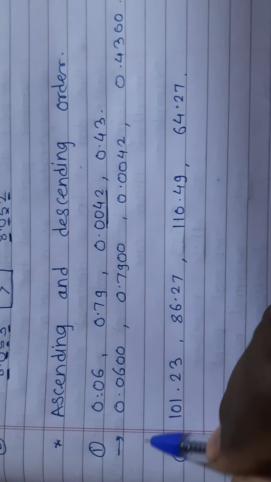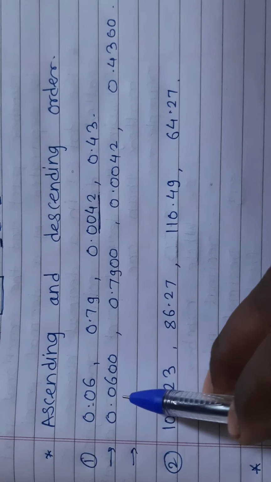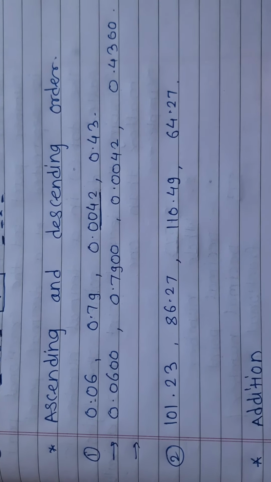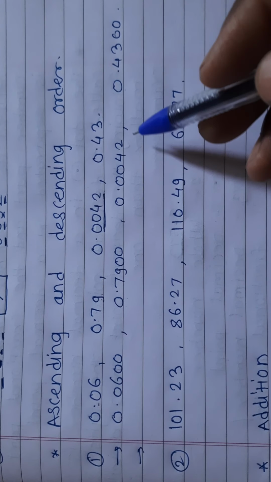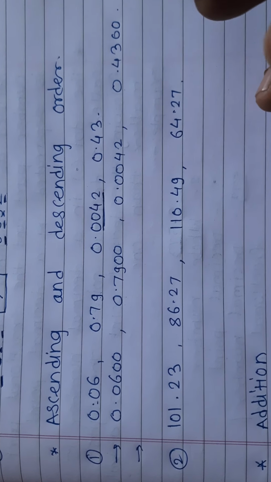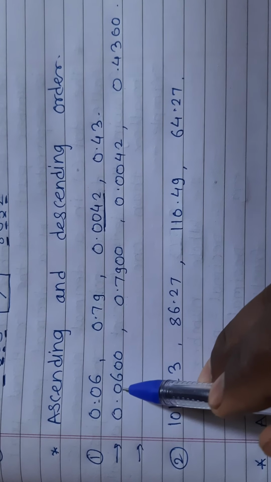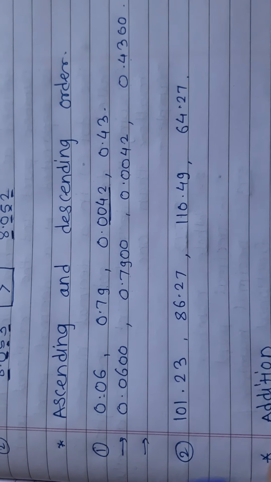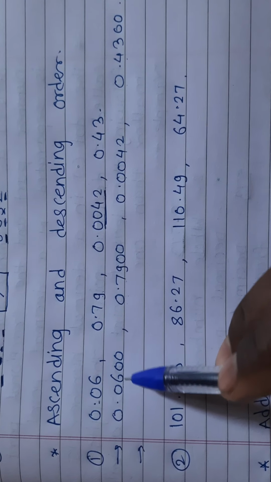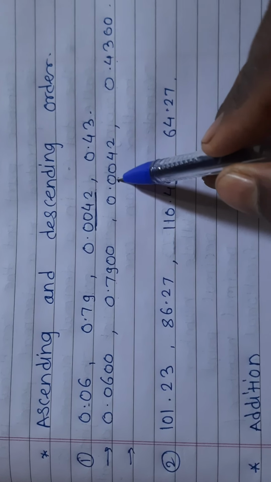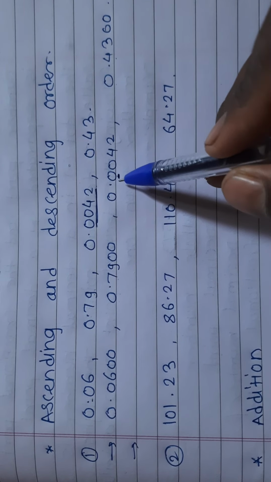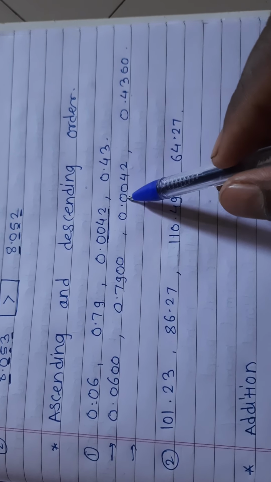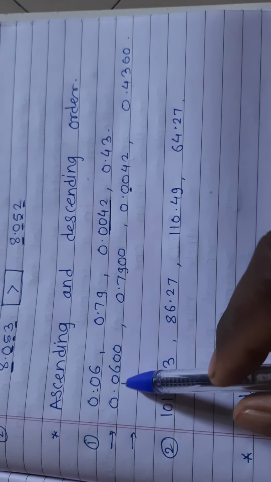First, find out the smallest number. First compare whole numbers: 0, 0, 0, 0. So every whole number is the same. Then the first place of decimal: 0, 7, 0, 4. Here the first place is 4, and here the first place is 0.